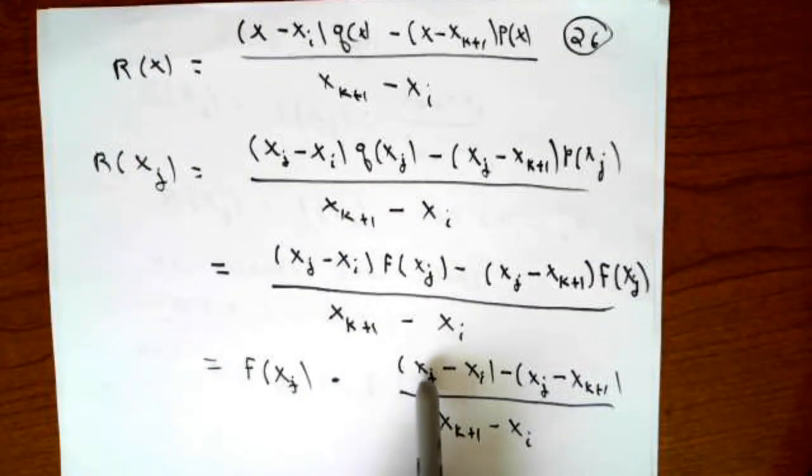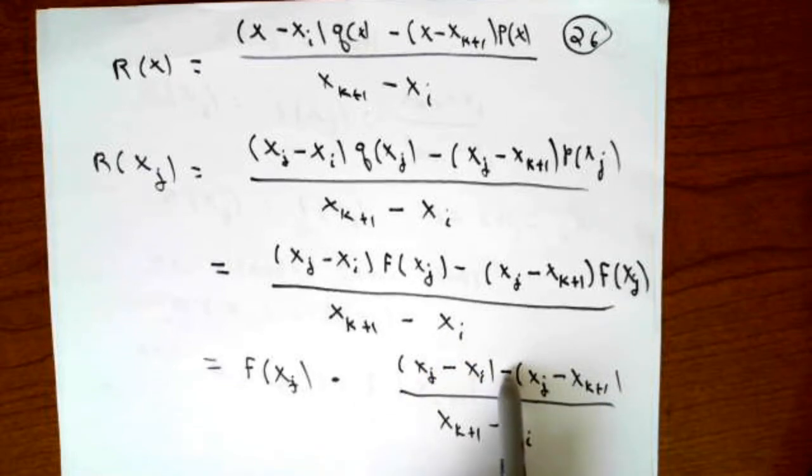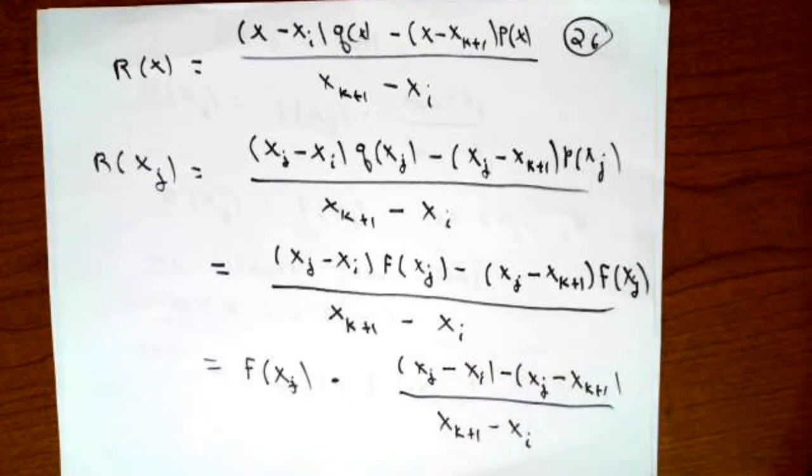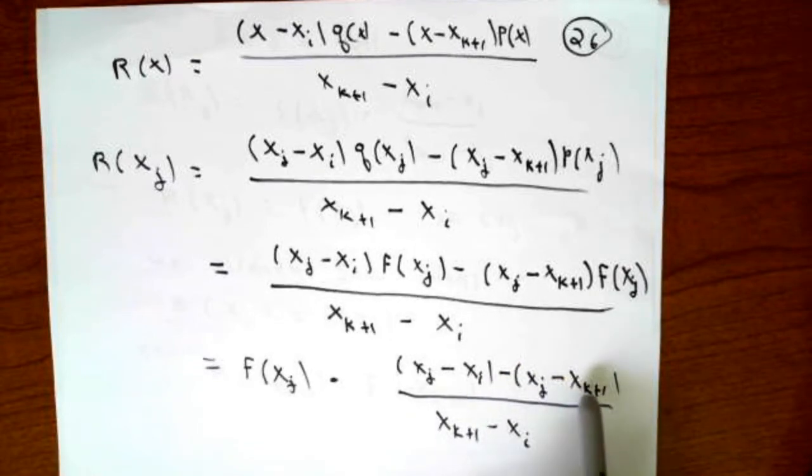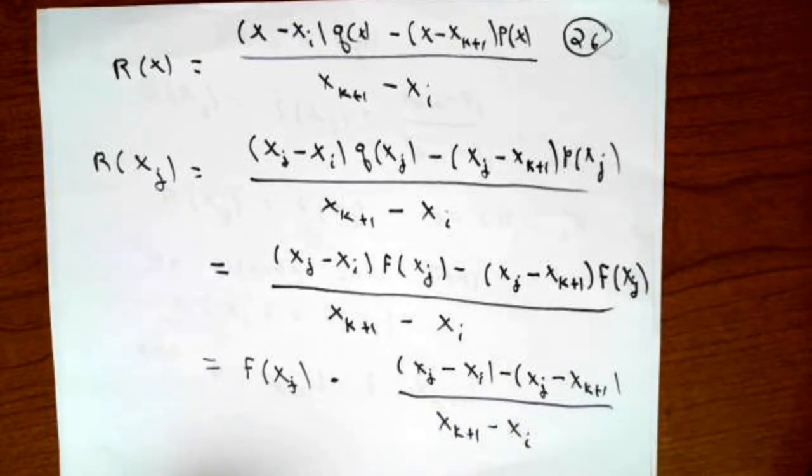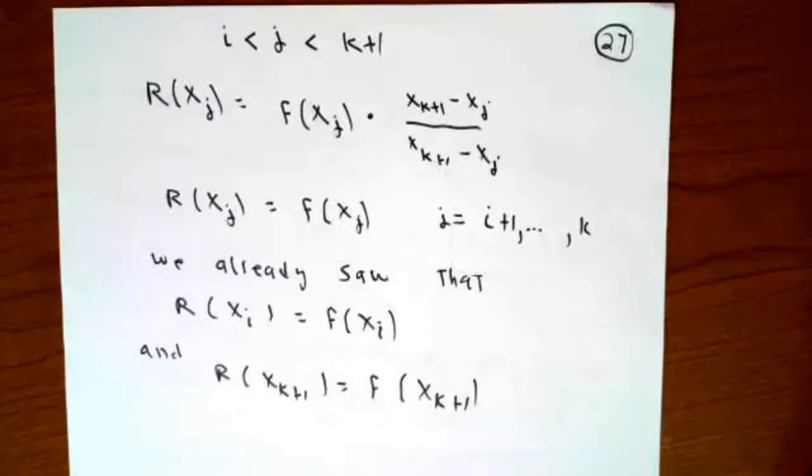Now, upstairs, I have x_j minus x_j. The x_j cancels out. I have the negative of x_i minus the negative of x_{k+1}, I have minus x_i plus x_{k+1}, which is the same thing as x_{k+1} minus x_i.